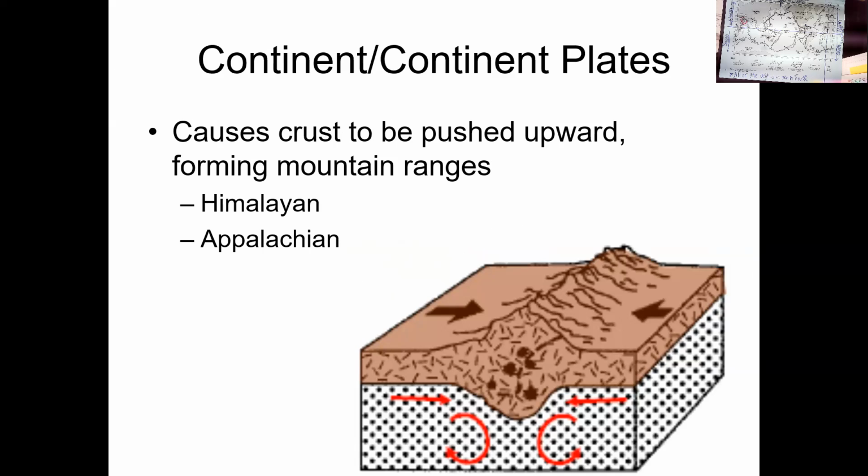That's going to cause the crust to be pushed upwards. Both plates are going to end up going upward. This is how we get mountain ranges.